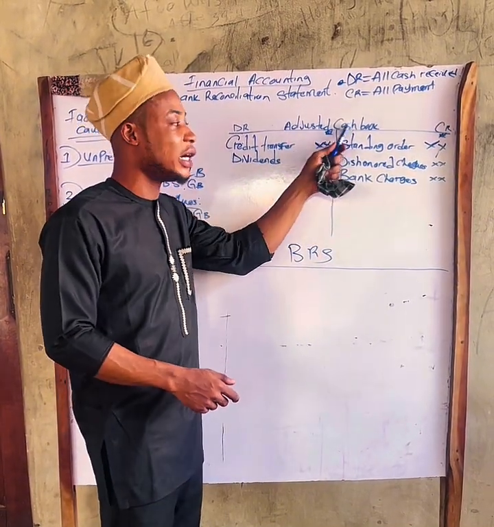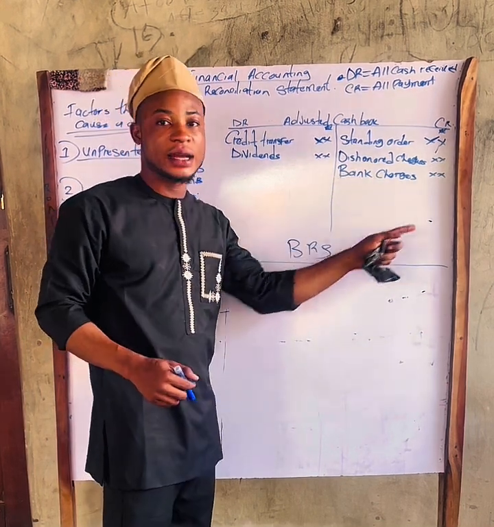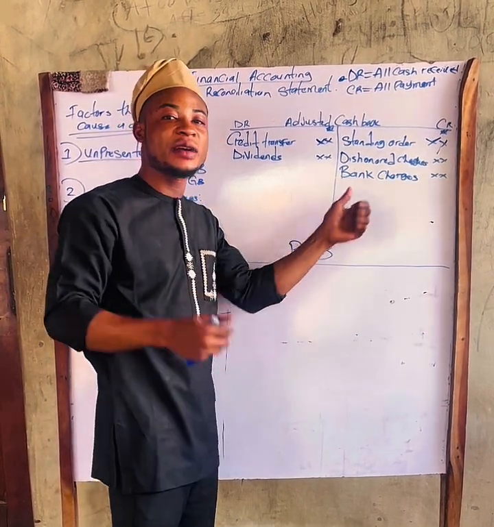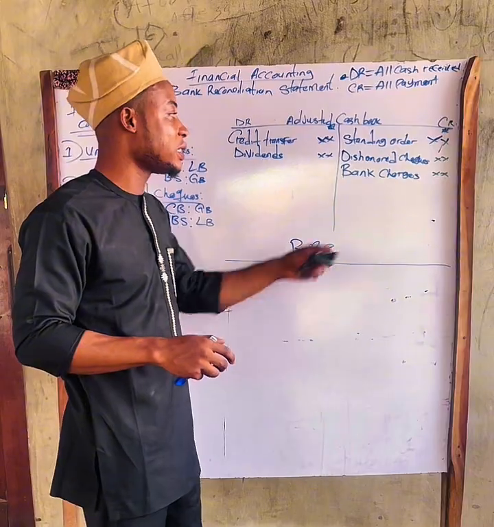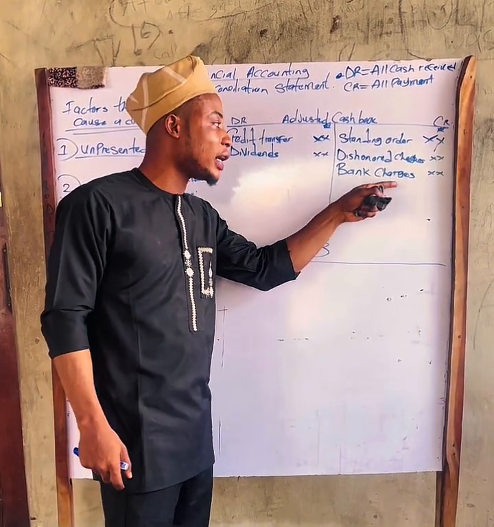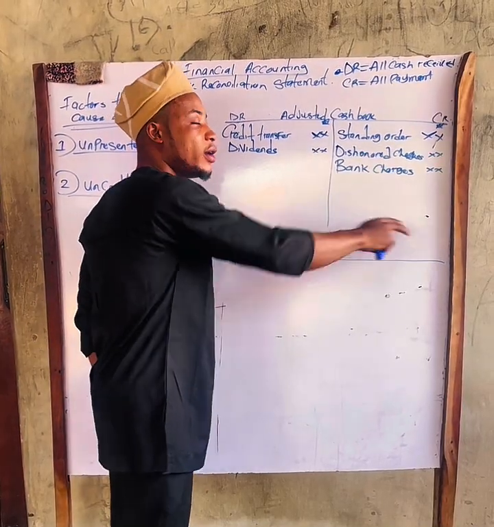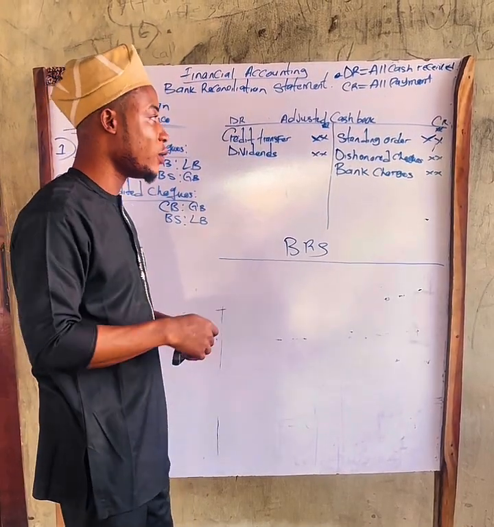Now in the adjusted cash book, you are expected to put the bank charges on the credit side, reflecting that amount that has already been reflected in the bank statement. That is, the bank charges will be on the debit side of the bank statement but have not entered the cash book, so we are putting it there. So that's why we have bank charges on the credit side of the cash book.